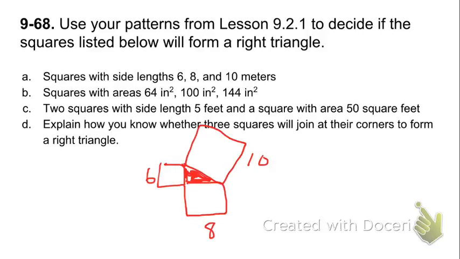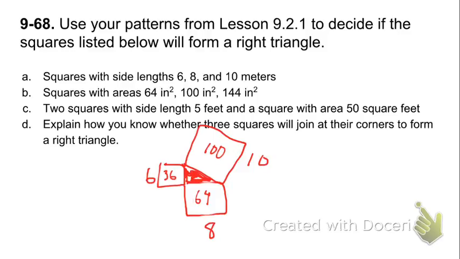One of the things we learned is that if we add up the areas, the area of the square with length 6 would be 36, the area of length 8 would be 64, and the area of the square with length 10 would be 100.